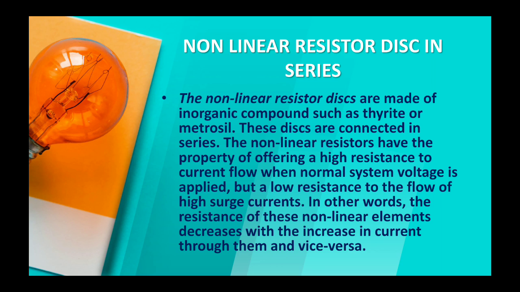In other words, the resistance of these non-linear elements decreases with the increase in current through them and vice versa. So when the current increases, the resistance of the non-linear element decreases, and vice versa. That is the function of non-linear resistance.